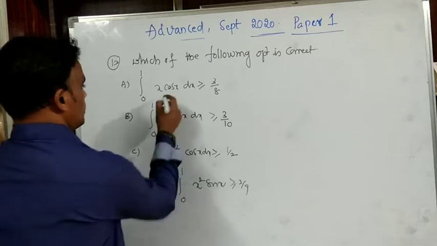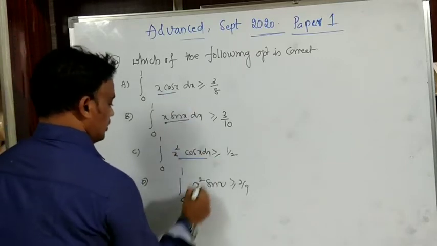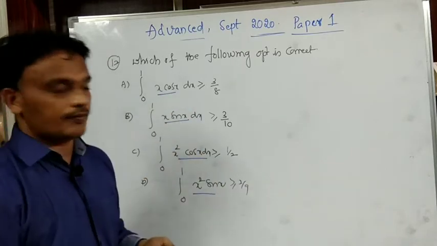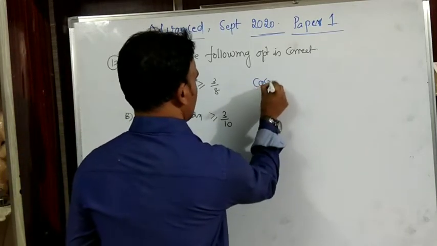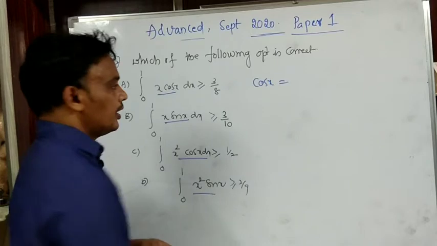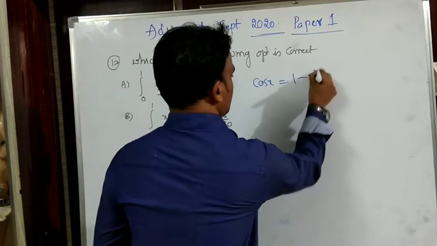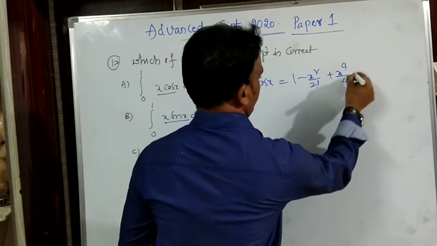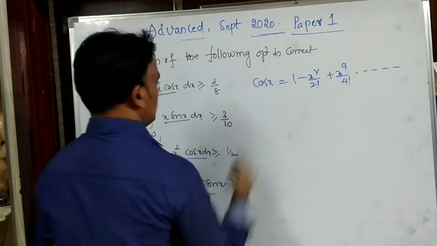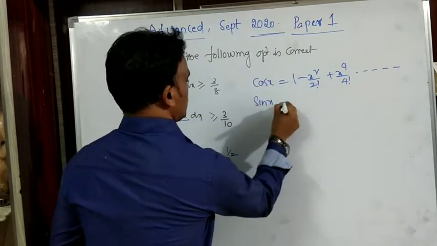Okay. So by expanding this directly, we may get some difficulty. That's why I am going to use the expansions. We know the cos x expansion is 1 minus x square by 2 factorial plus x power 4 by 4 factorial and so on. And what about the sin x expansion?